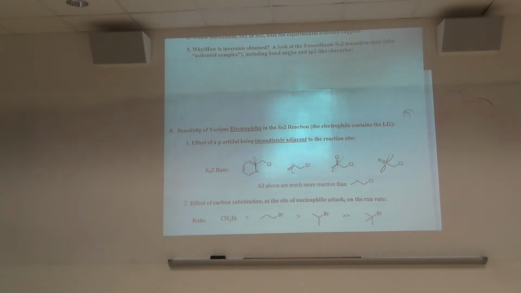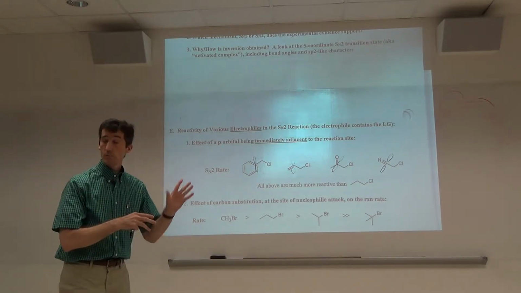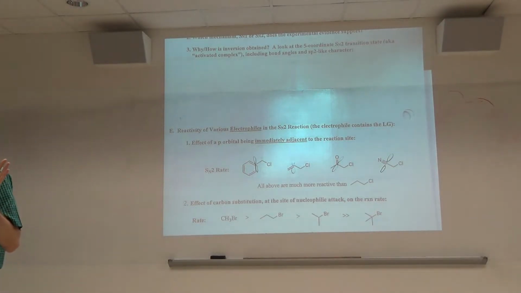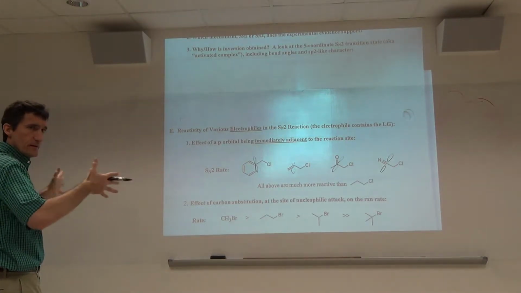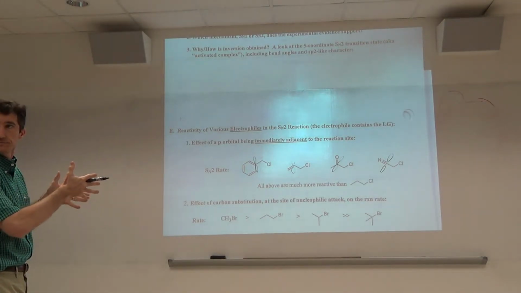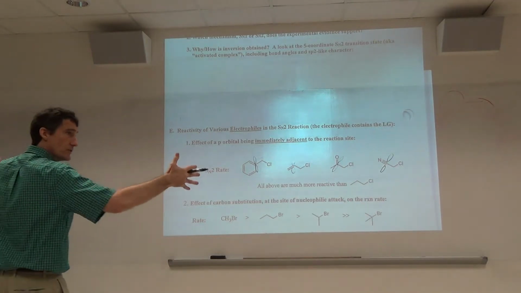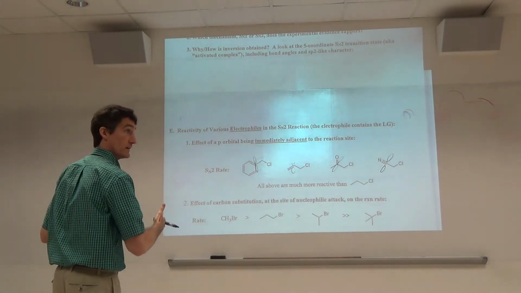Well, it stabilizes the transition state. Then you ask, how does it stabilize the transition state? Well, we had it up there yesterday at the end. During the transition state, what type of orbital sort of appears, it looks like, between the incoming and the outgoing? P orbital.